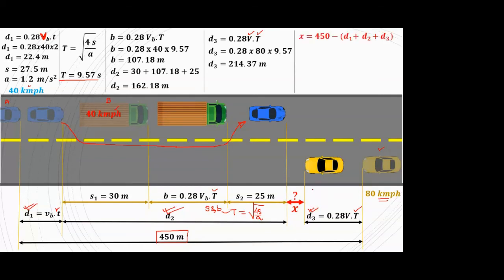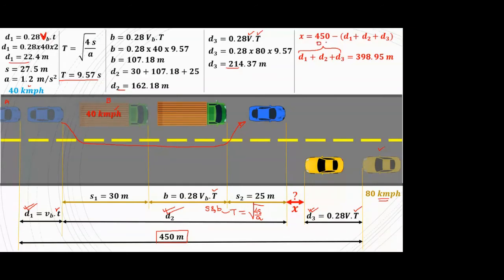So now what remains is the X that we have to find out, the X distance. So it is 450 minus the addition of D1, D2, D3. So D1, D2, D3 addition is 398.95. I have just added all these three values, D1, D2 and D3. So this is also my OSD.